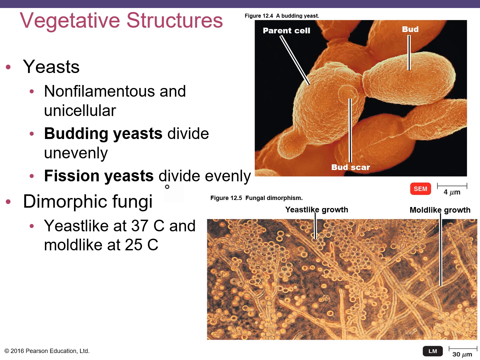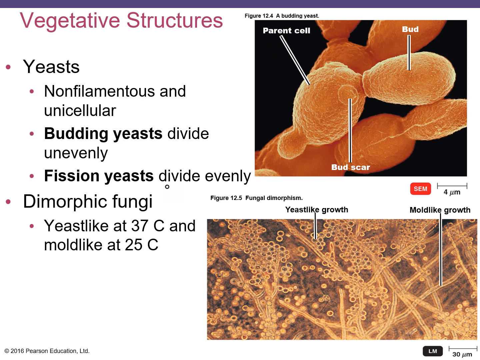When it comes to dimorphic fungi, some fungi, most notably the pathogenic species, exhibit dimorphism, which means two forms of growth. Such fungi can grow either as a mold or as a yeast.